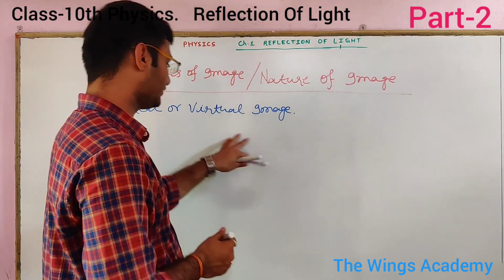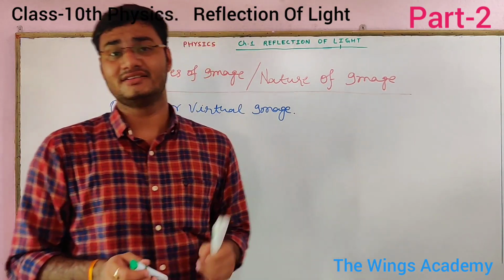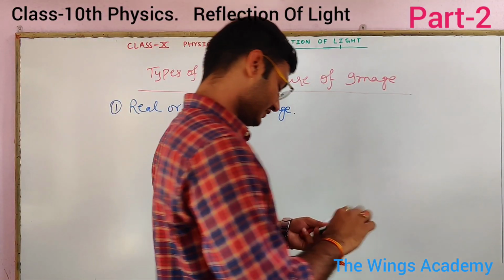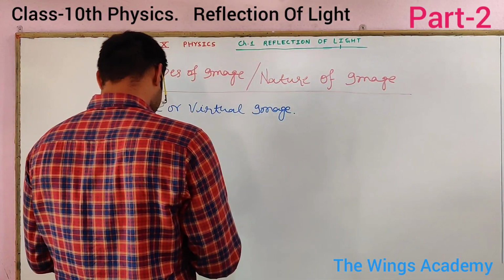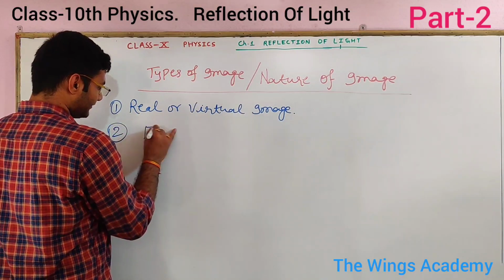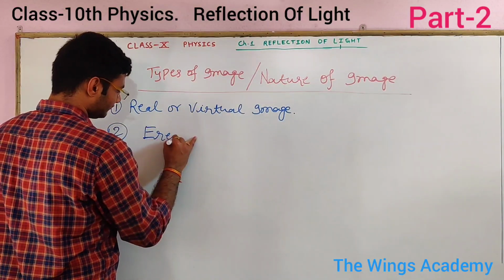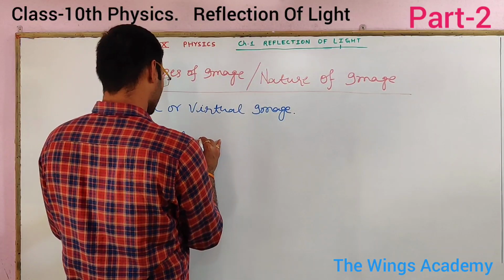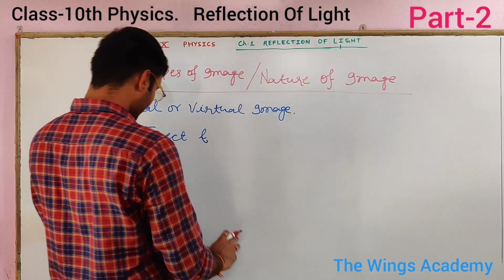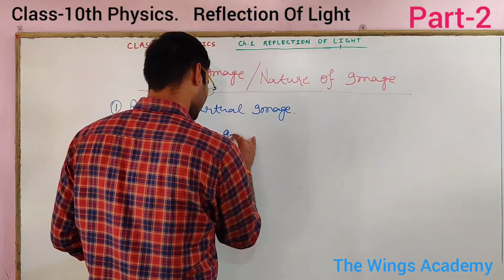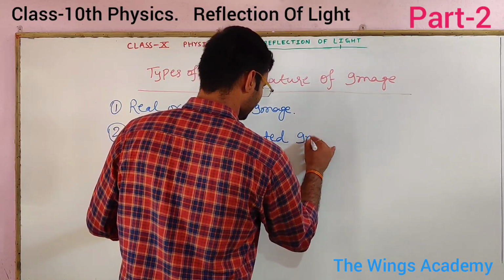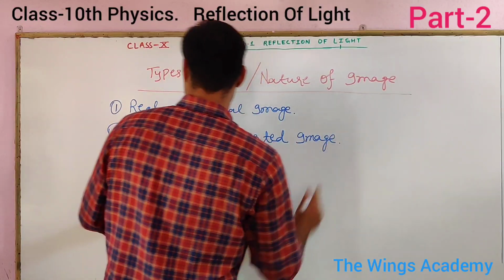So real or virtual image. And the second category is erect and inverted image.